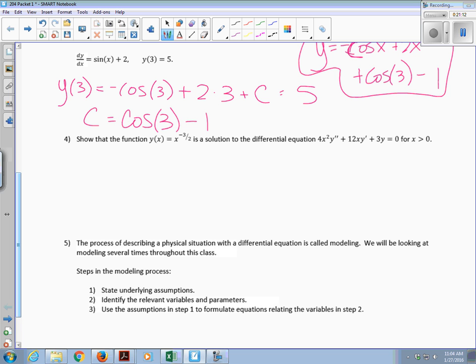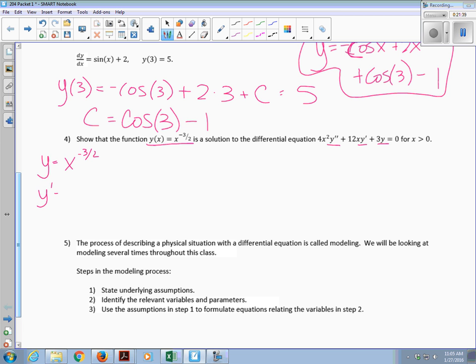I can show that it actually is the same way you would for a regular equation, right? If I wanted to show that x equals 2 is a solution to 2x equals 4, what do you do? You plug it in, right? So I'm just going to plug it in here. So this is a y, and in my equation I have a y double prime, a y prime, and a y. I have to plug those all in. So I know y is x to the negative 3/2.